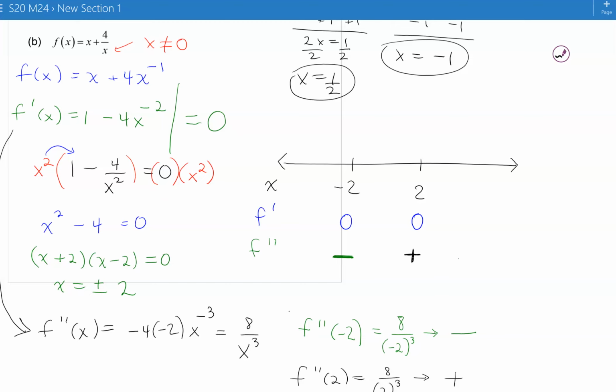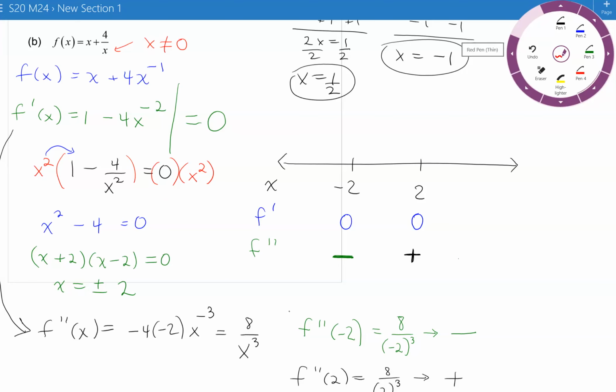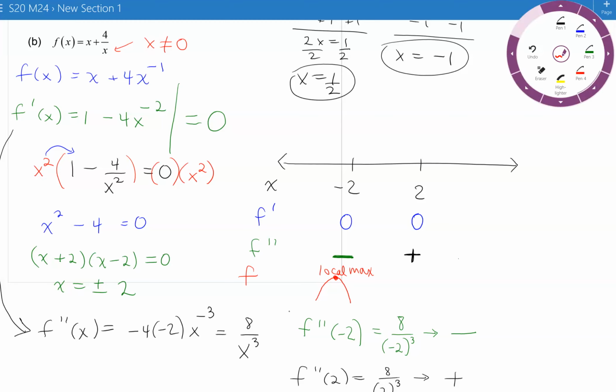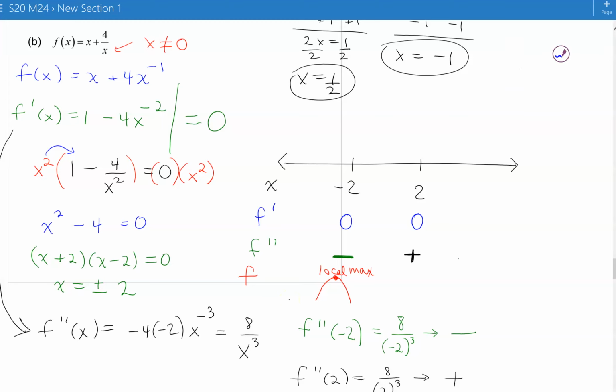So I pretty much always still draw pictures of these to make sure I'm interpreting it correctly. F double prime negative is concave down and derivative is 0. So this is a local max. Then F double prime positive is concave up and the derivative is 0.